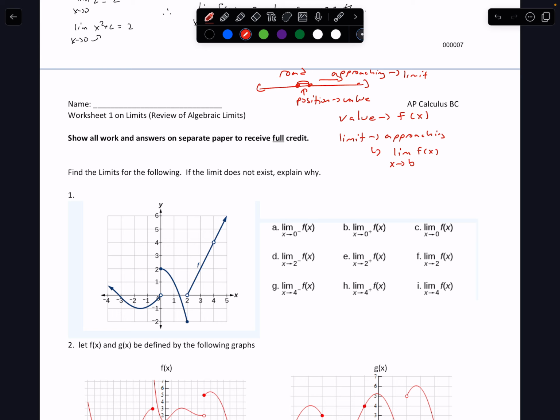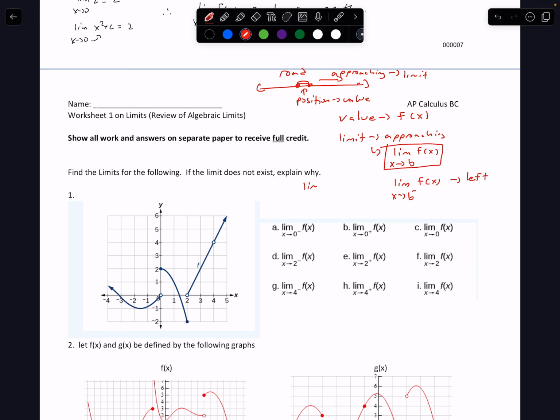I'm approaching somebody's house. Now, when it comes to limits, of course, we have our notation, which you should know, but we also have other little notation as well. And if you notice in the examples down here, we have these plus and minuses. You should be very well aware that if we approach b from a minus, that minus means we're going to approach a point from the left.